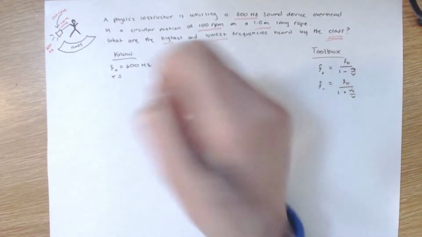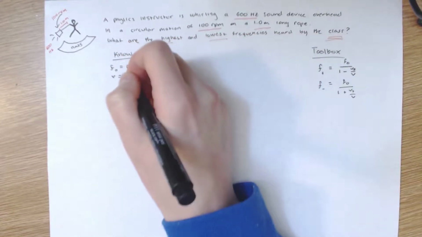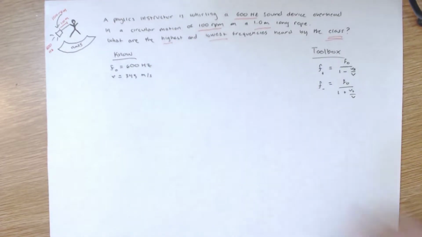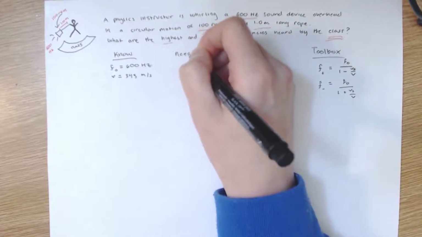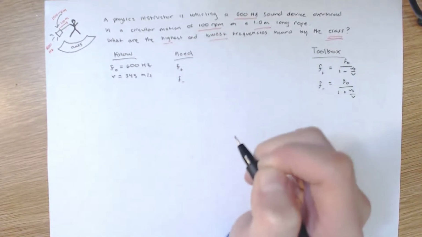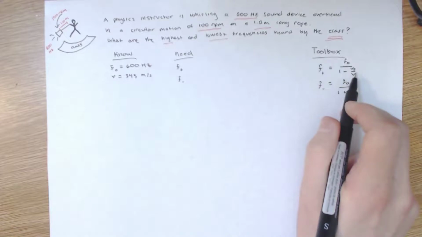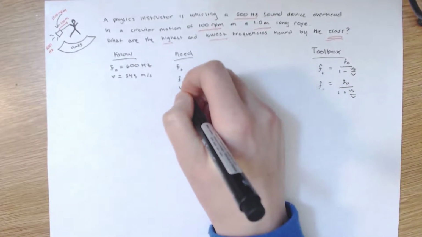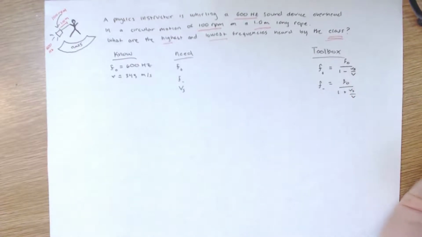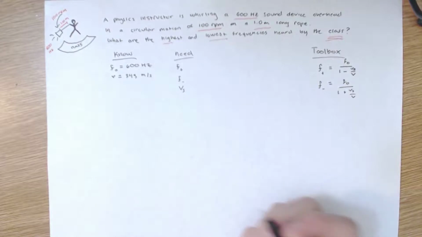So assuming our physics class is at room temperature, we can say 343 meters per second. We need, obviously, the F plus and the F minus, but what we're missing from this equation is V sub S. So I'm going to go ahead and solve for V sub S first so that I can just easily plug it into both of these equations.